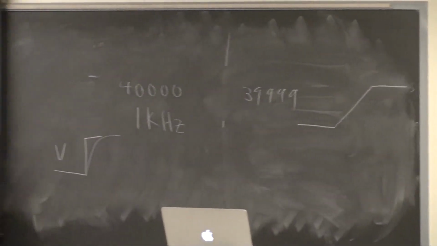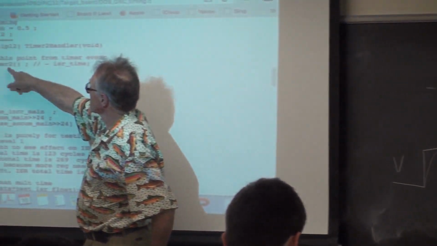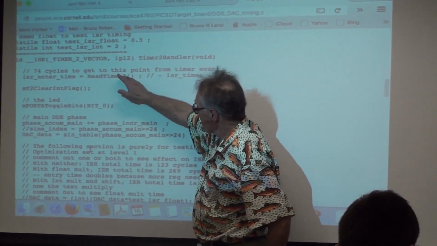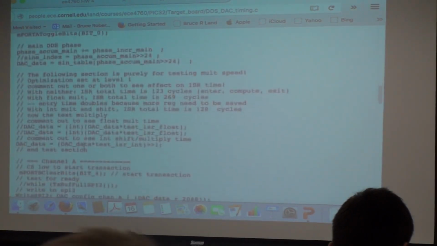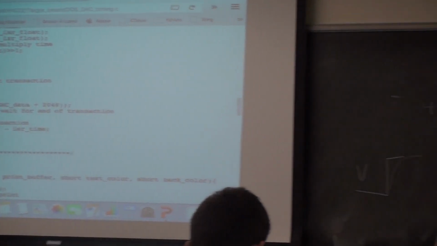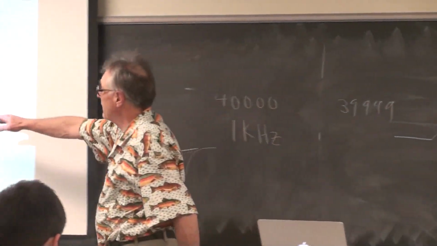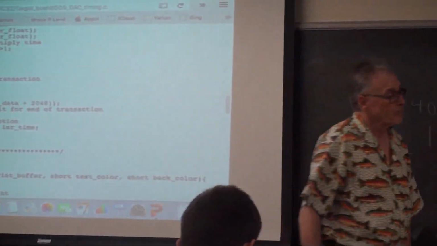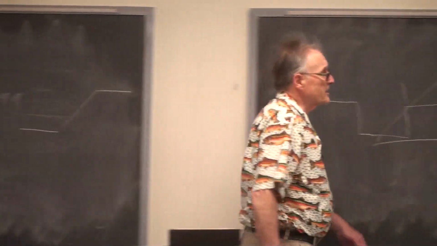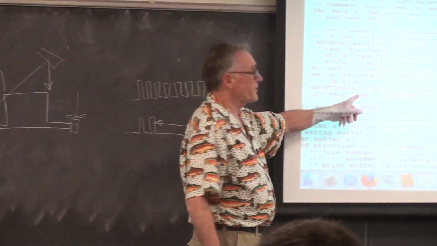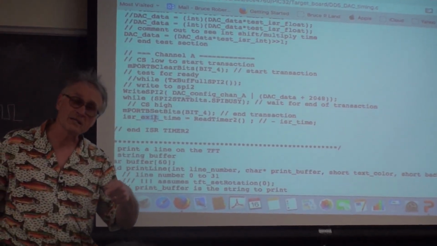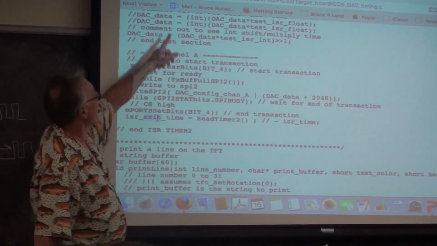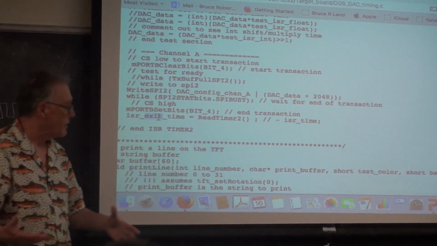So to get the time it takes to get into the interrupt service routine, you read the enter time, then you go through the interrupt service routine, read it again at the end of the interrupt service routine. This is the time for entrance plus the total execution time of the interrupt service routine. The time for exiting is the same as the time for entrance, so we once again add the entrance time to this, and we get the total time for the interrupt service routine.